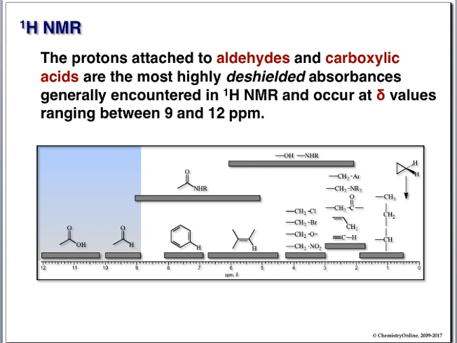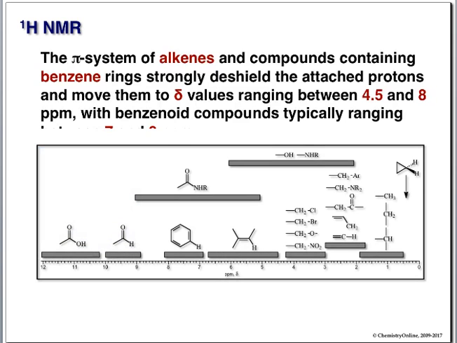Aldehydes between 9 and 10. This is our double bond region. Benzene rings, very nicely reproducible. Hydrogens on a benzene ring will tend to come between 7 and 8, almost always. Alkenes will be lower than that, typically between 5 and 6.